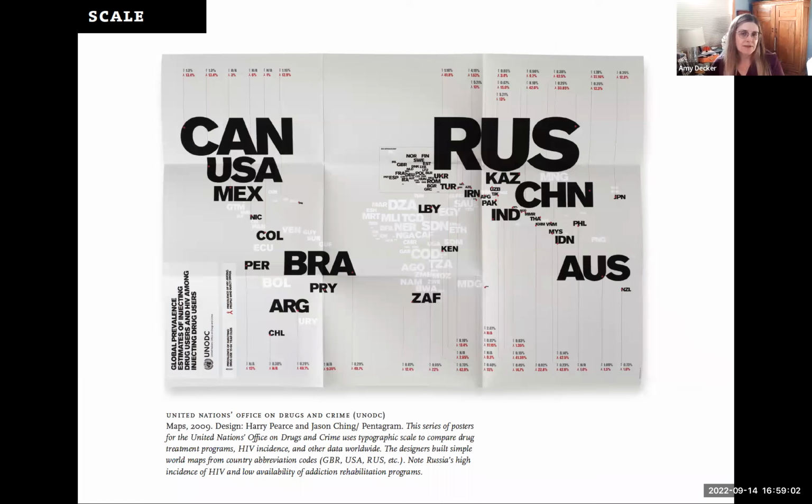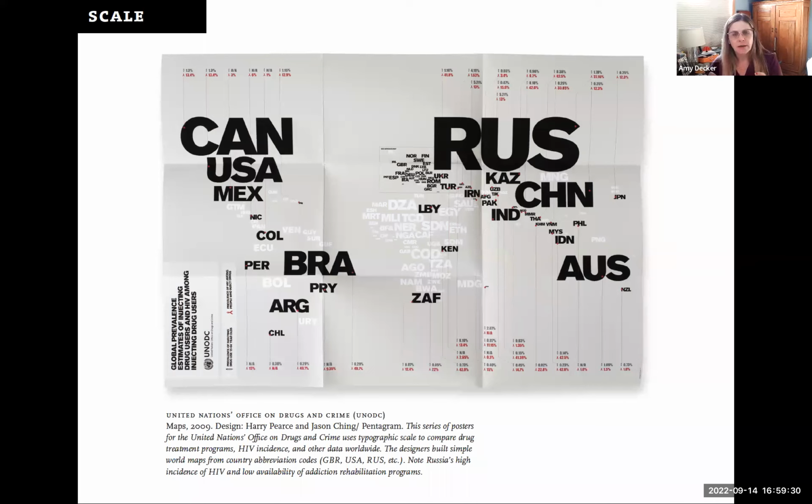Another aspect of scale, using an infographic. Here's a series of posters for the United Nations Office on Drugs and Crime using typographic scale to compare drug treatment programs, HIV incidence, and other data worldwide. This is a simple world map made from country abbreviation codes, and it notes Russia's high incidence of HIV and low availability of addiction rehabilitation programs.